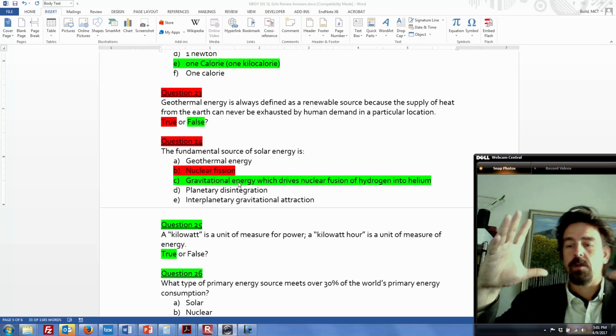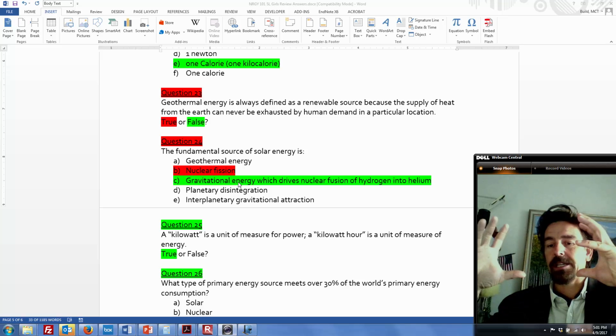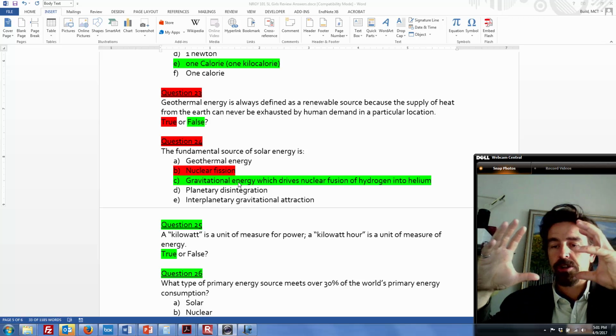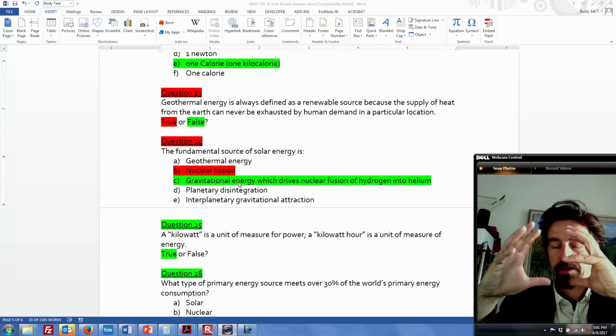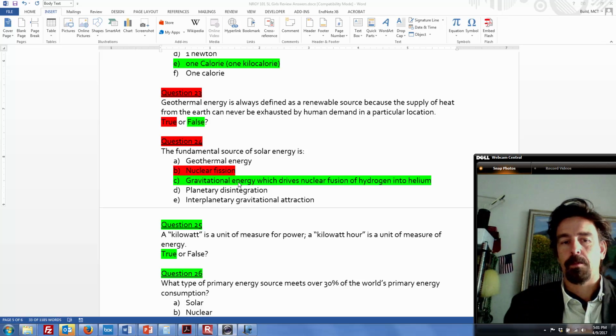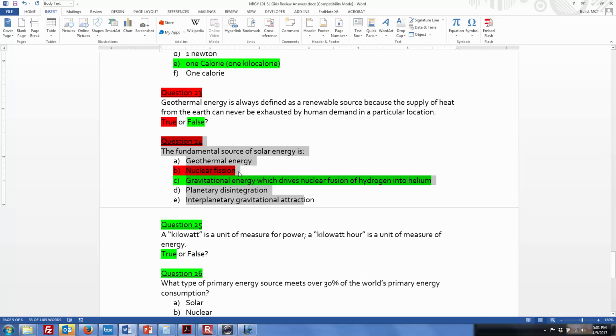So the way the sun works, all the gravity from all the gas pushes the hydrogen together. The gravity causes the fusion. Now this is not correct because fission is only with heavier elements.